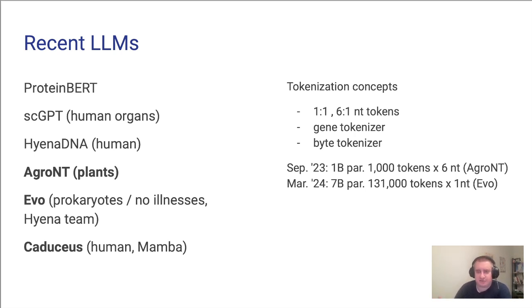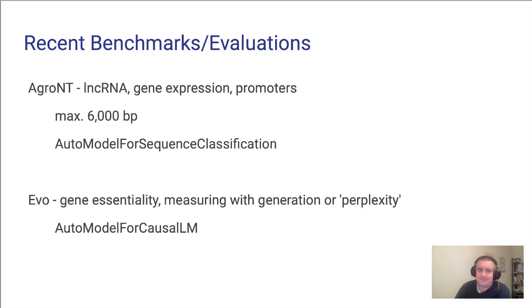So that's a huge difference going from 6,000 nucleotide context to 131,000 context. It's also a larger 7 billion parameter model compared to 1 billion. So that's a lot of change just from September of last year to March of this year. And that's when the papers come out, so these are behind what someone has in a lab already.